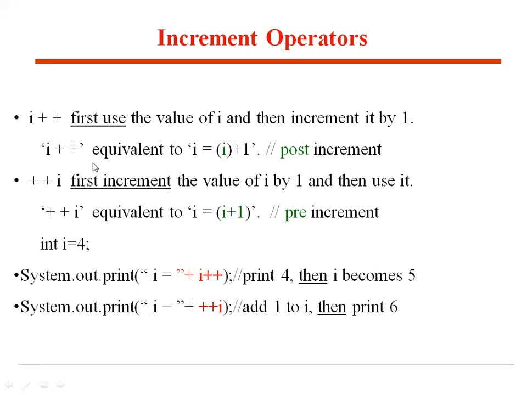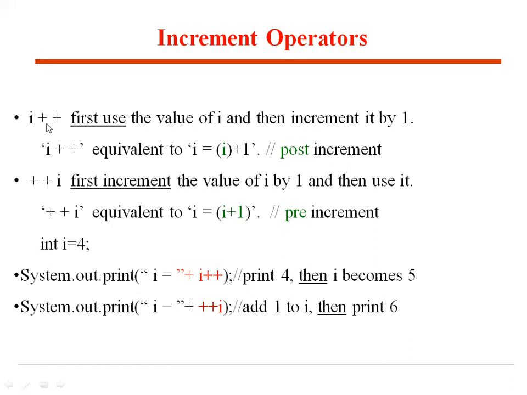This is called the post increment operator, because you are writing the operator after the operand. Post means after. After the operand, we are writing this operator, so this is called the post increment operator. Post means increment afterwards. That is what we are informing the compiler.